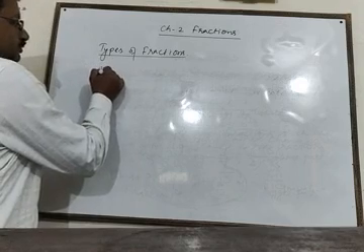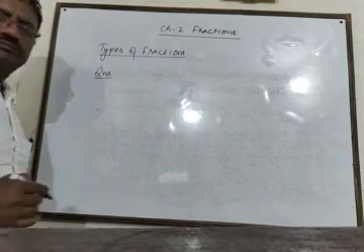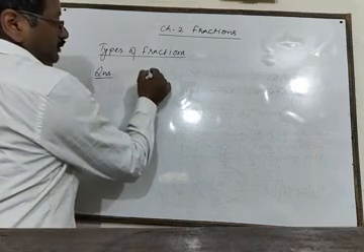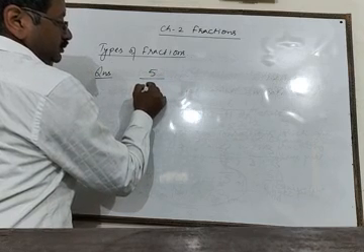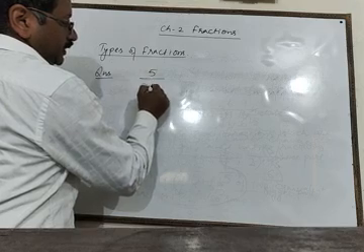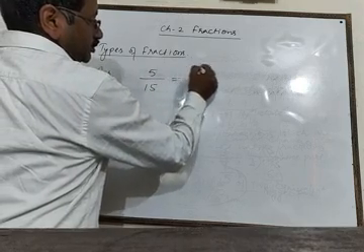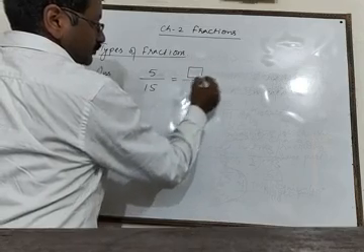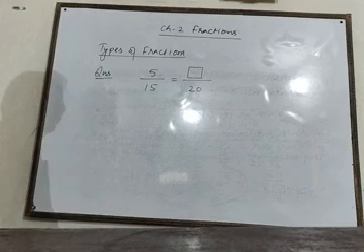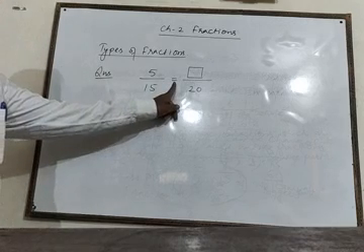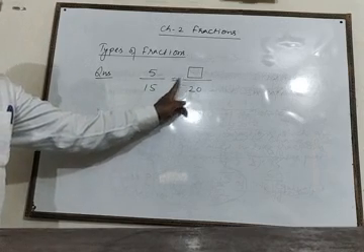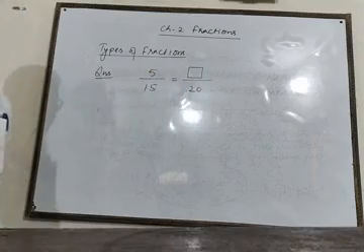One important question, that is 5/15 is equal to box upon 20. So this equal to shows that these two are equivalent fractions. Now how will we find out the number in the box?